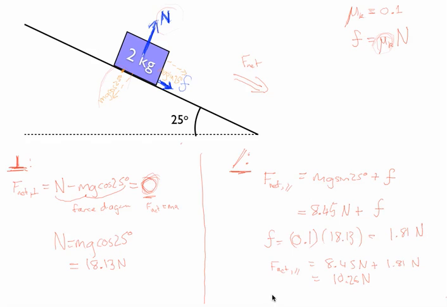So the question was to find the acceleration of the block. Well, the acceleration in the parallel direction is F net in the parallel direction divided by the mass.